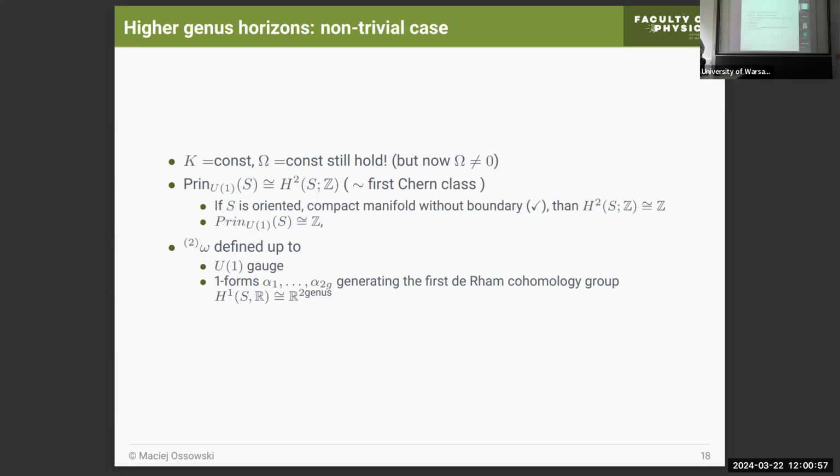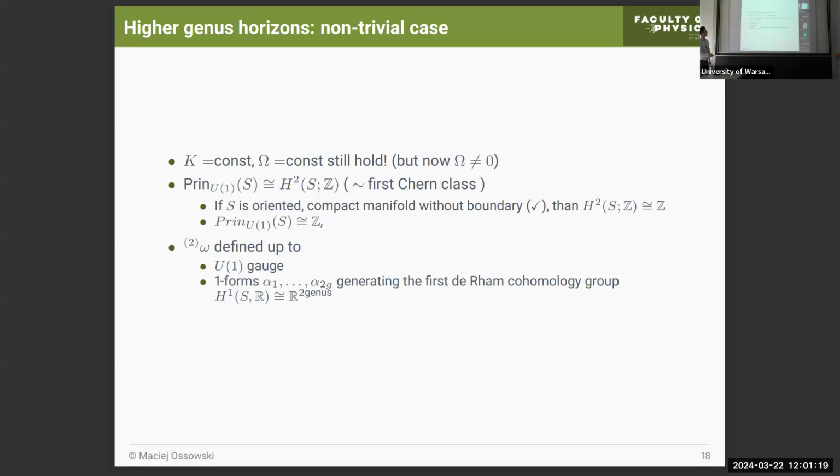So there's a natural question: having those invariants and knowing the topology of the section of the horizon, how many different horizons or how many different bundles can we construct from those ingredients?